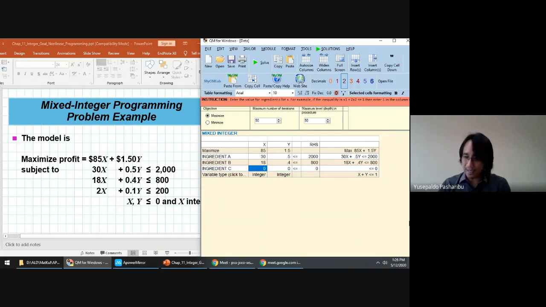Just type 0.4 because a 0 in front of the number does not appear in this system. And don't forget to choose mixed integer. X or xylene must be an integer in 50-pound bags, but on the other hand, Y or hexal can be produced in any quantity, so this is real.